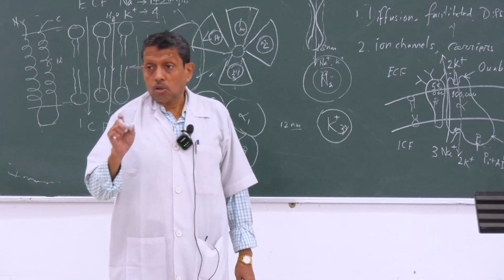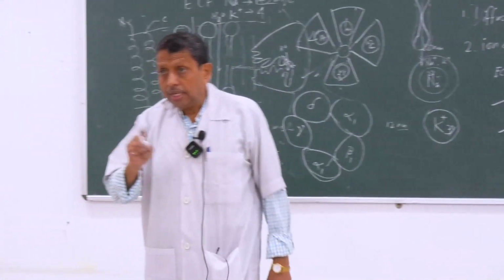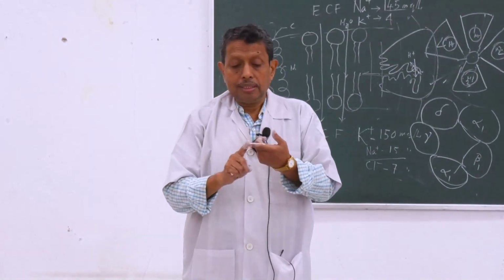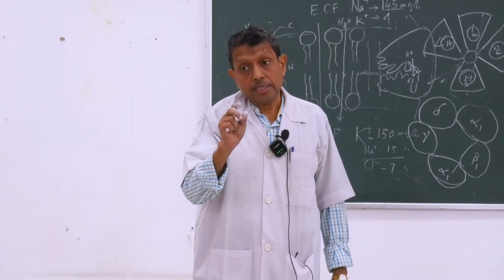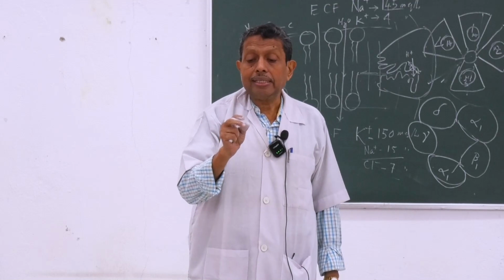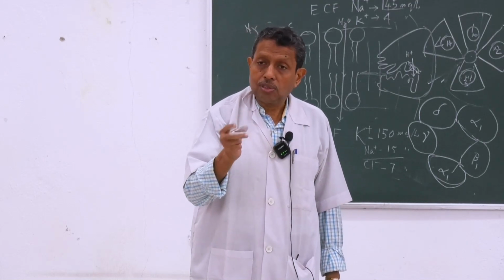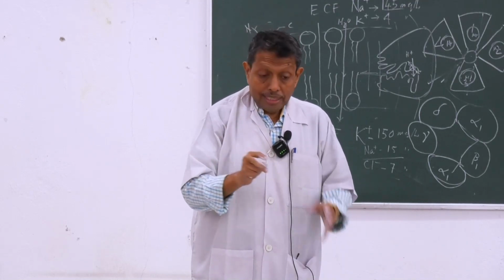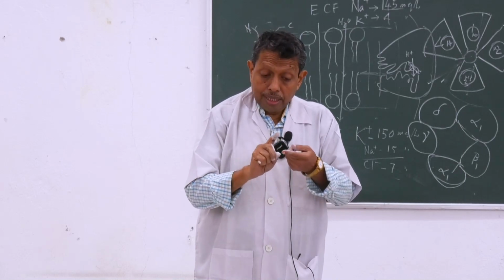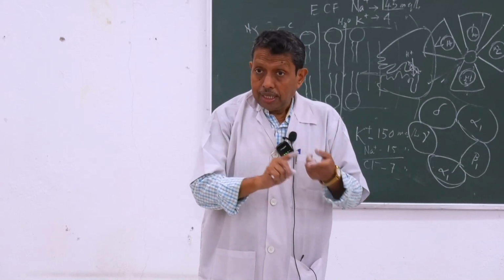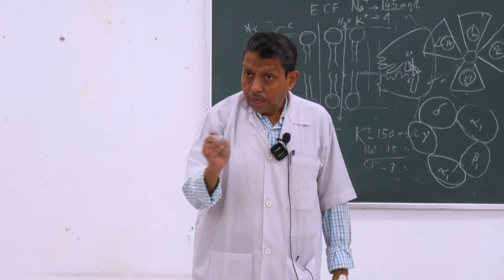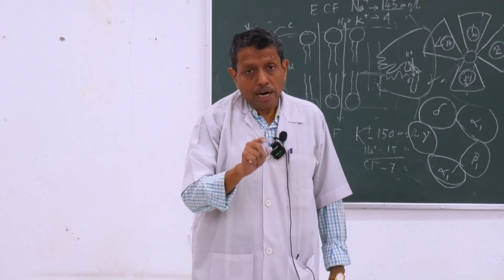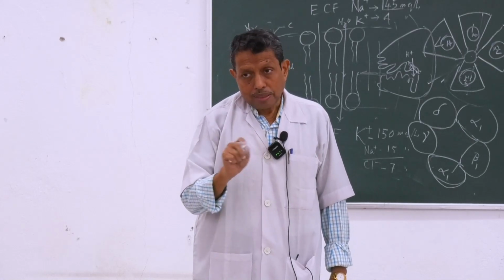Due to leak channels or other channels, and the Donnan effect, which we will discuss another day, there is entry of some ions into the cells. Plant cells have a rigid cell coat, but in vertebrates it is only a plasma membrane.